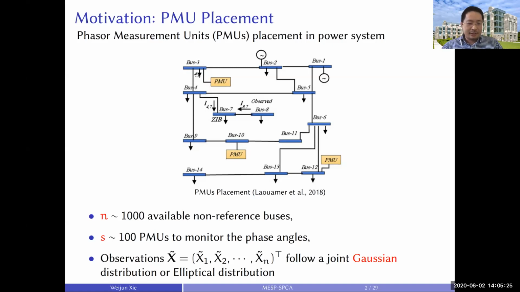If we cannot afford to install sensors at all the buses, we might be able to install, for example, hundreds of them at different buses. So the question here is, how can we install PMU sensors in this type of power grid such that we can maximize the collected information?